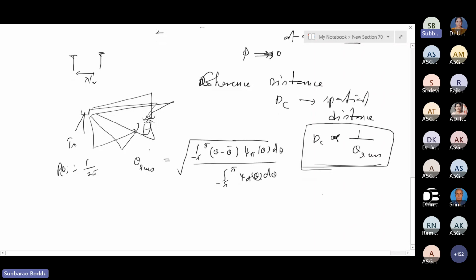You need to know the spacing between the antennas on the transmitter side as well as the receiver side. If the base station has many antennas, the angular spread at the base station is not the same as the angular spread at the mobile.